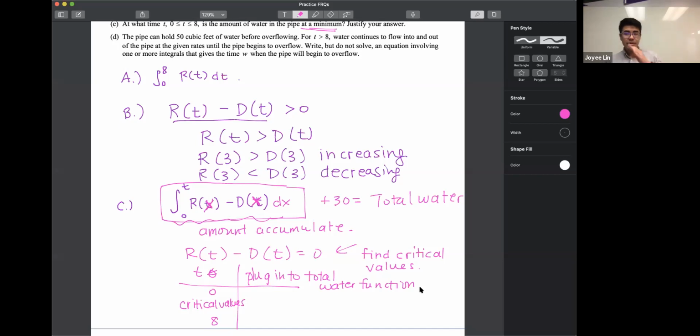Any questions on that? So to reiterate, right, we have the r of t minus d of t. That's the net rate. Then we take the integral. That gives us the total amount accumulated. We take the derivative to find the critical values. Once we find the critical values, we plug all those values into our amount function.